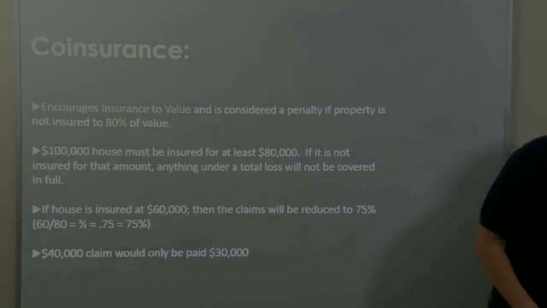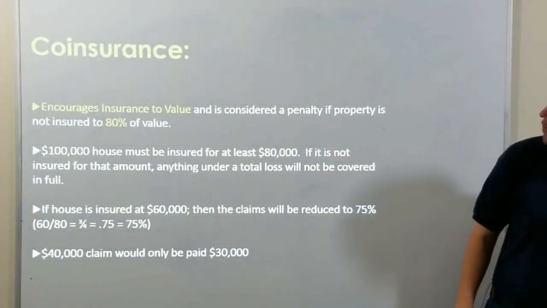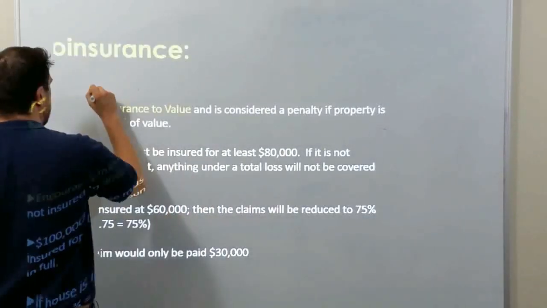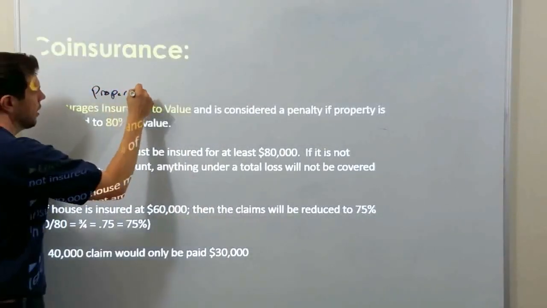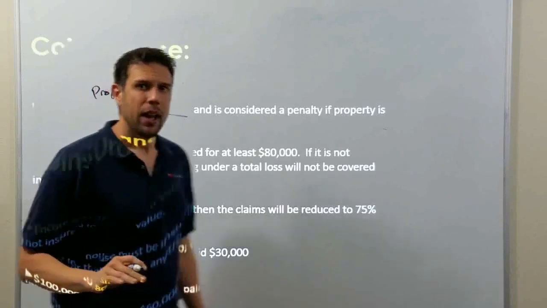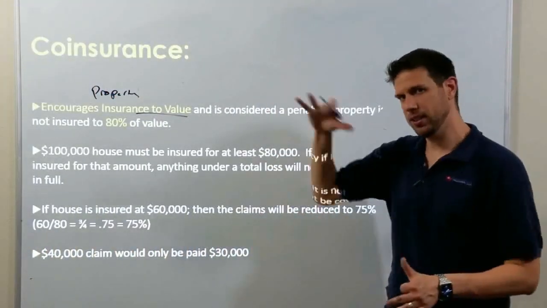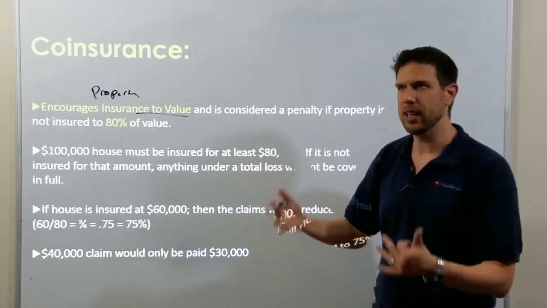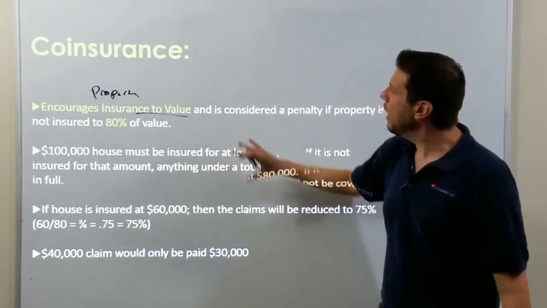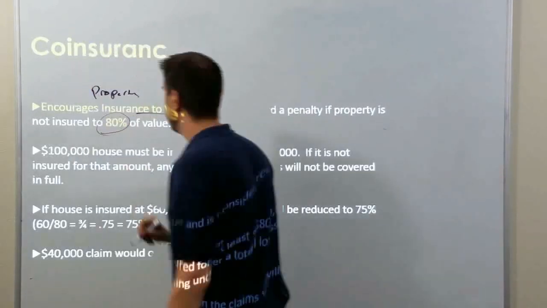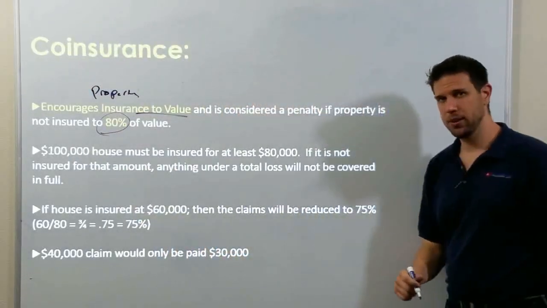Next thing we're going to talk about is co-insurance. Co-insurance encourages property insurance to value. You have to insure property, houses, businesses, structures, to at least 80% of what it's worth.